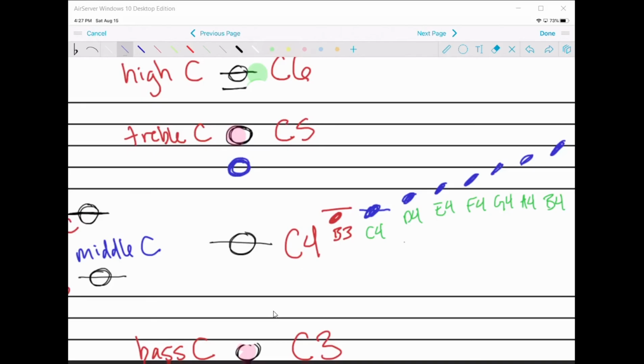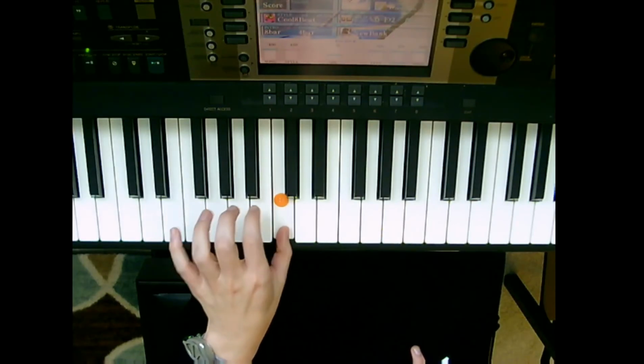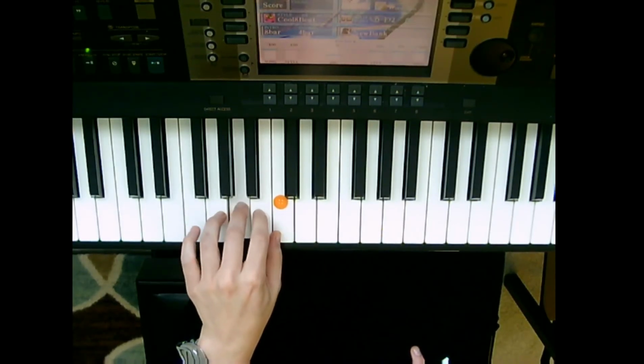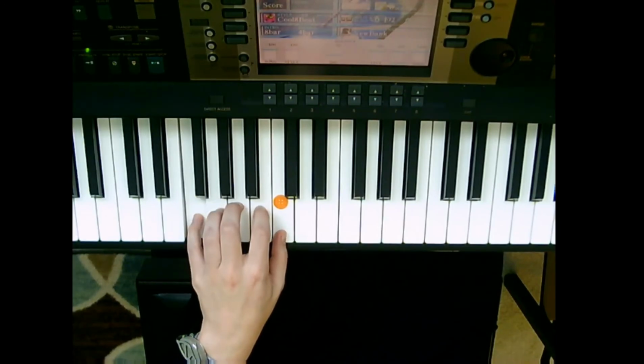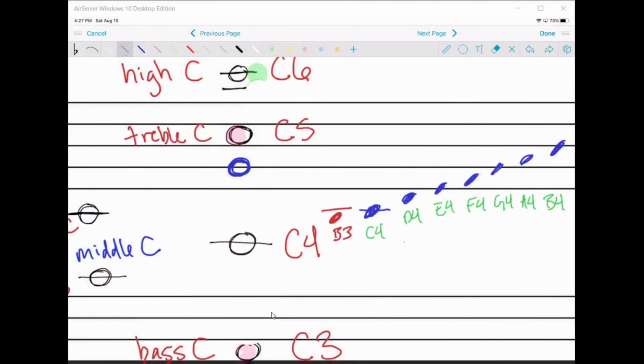Okay, so you can see how it's the 2nd line. If I go a 5th down from C, C, B, A, G, F. So now I went a 5th up before, now I'm going down. That would go down into the bass clef. That would be F right here. So this is going to be F, and this is going to be G.